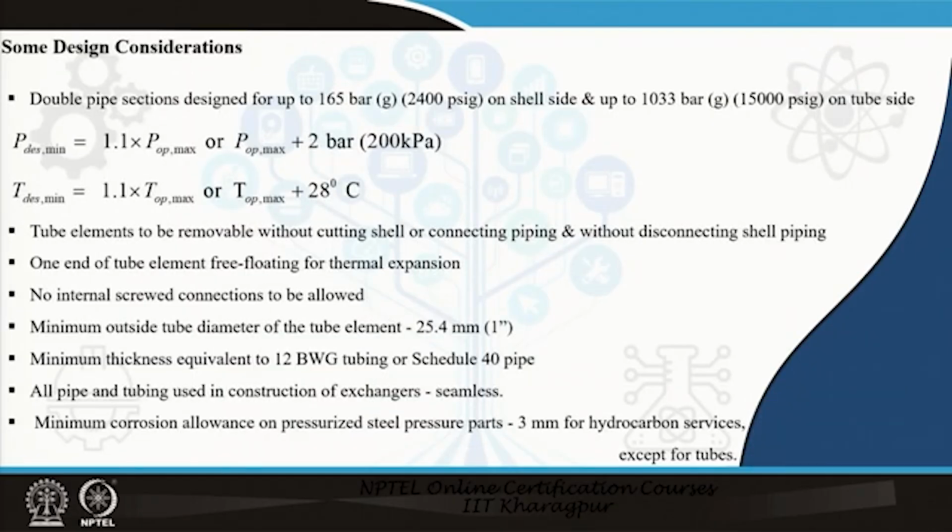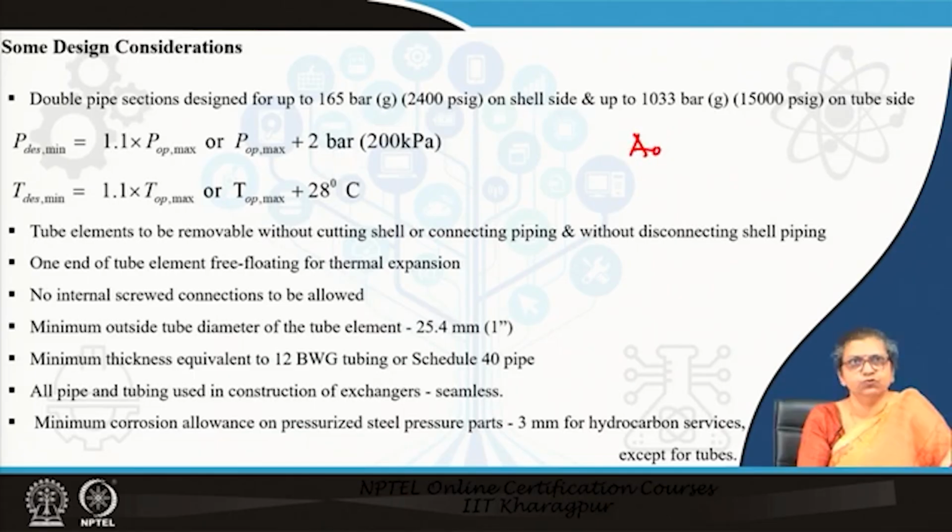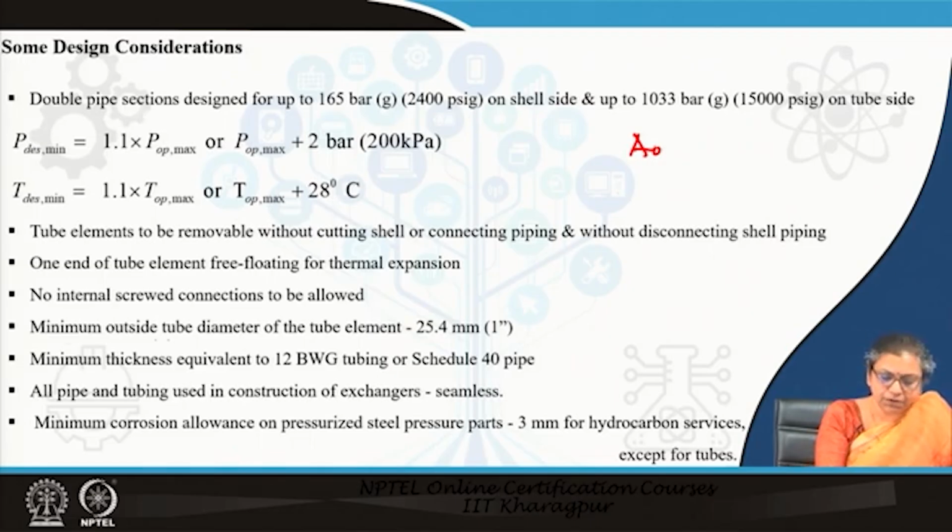Once you have done the design, you have found out AO. Now, you need to decide on the tube diameter and the tube length. Certain things I would like to tell you, there are some rules here which are again simply guidelines. For example, the minimum outside tube diameter is actually 25.4 millimeters. The minimum thickness is equivalent to a schedule 40 pipe.